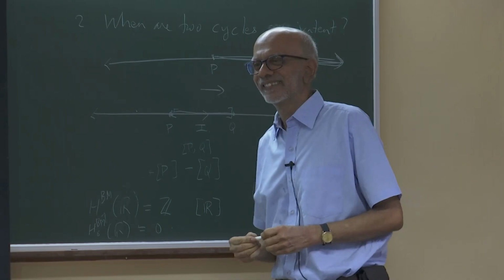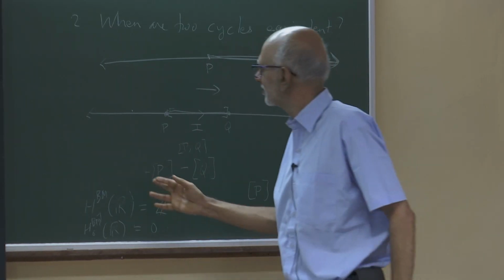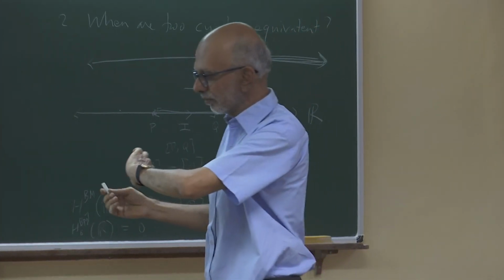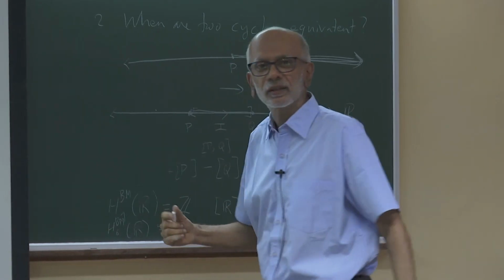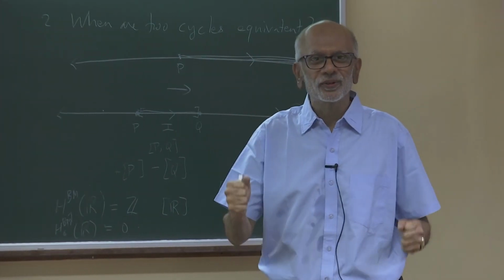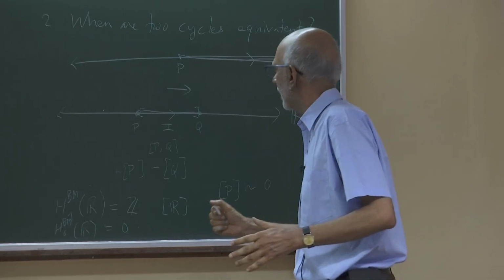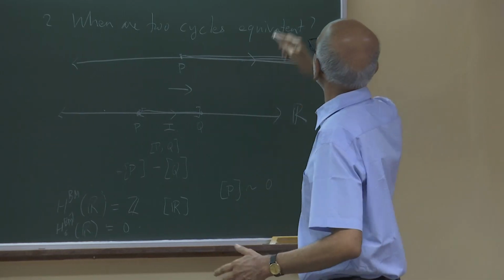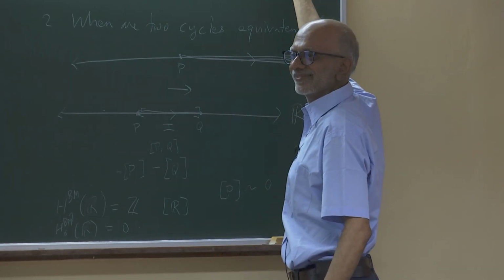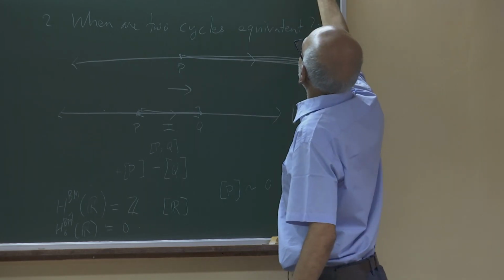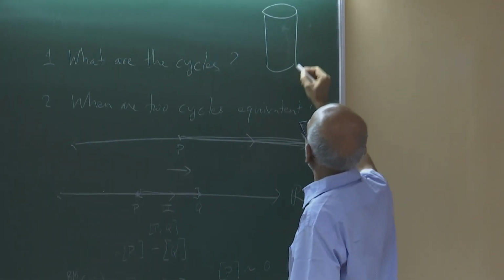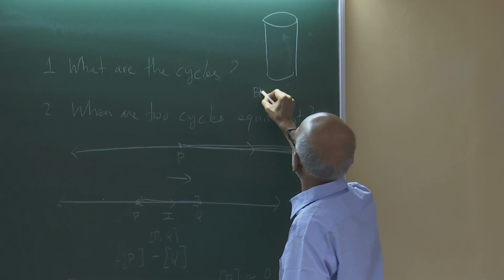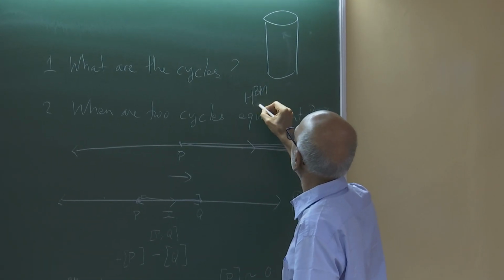Alright. Goes very far. Now, so another example I want to test your understanding of what I just showed you. Okay, now, let's take a cylinder. Tell me what is BM homology of this cylinder.